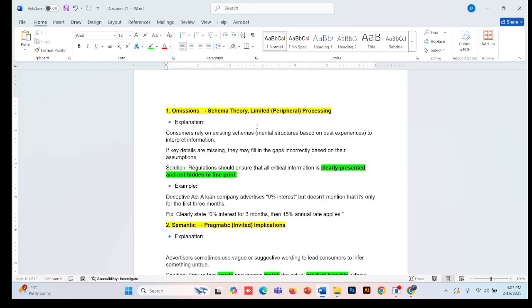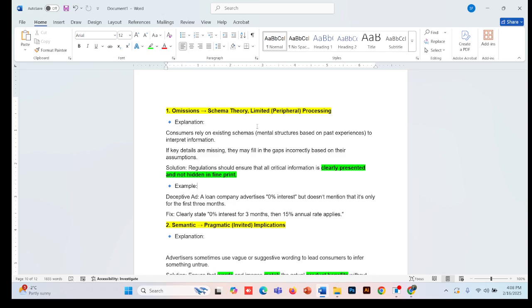For example, a loan provider might promote their service: the first month is interest free. However, in reality, after 3 months, the users have to pay the interest rate. People might not believe that ad because they know, as it is a loan, of course they have to pay the interest.